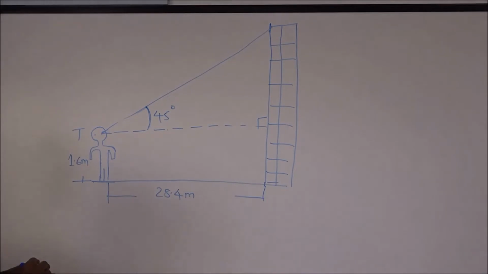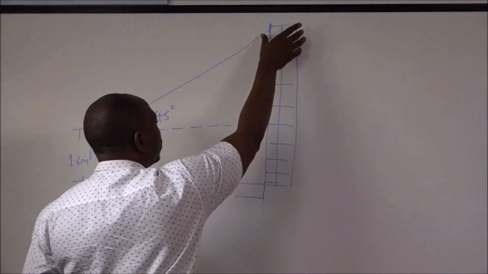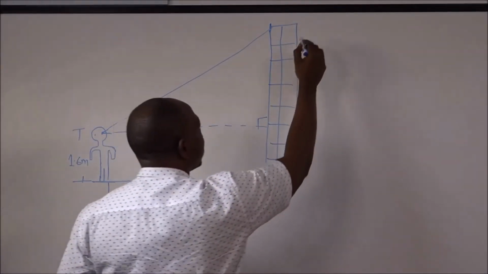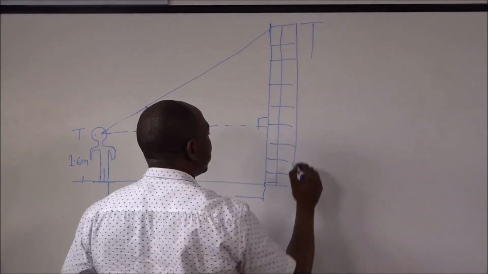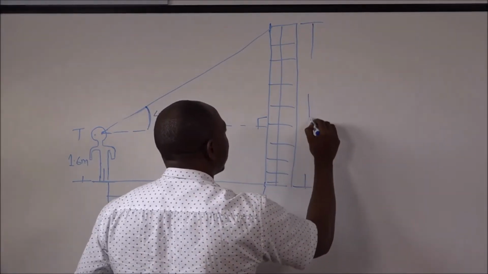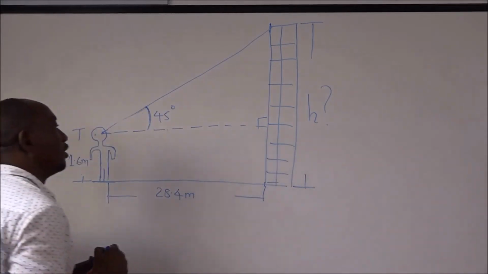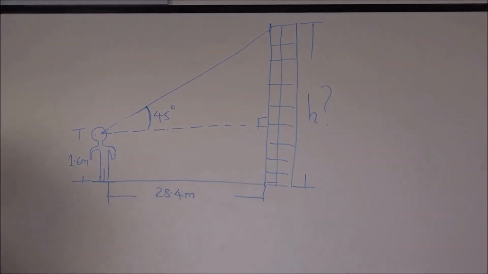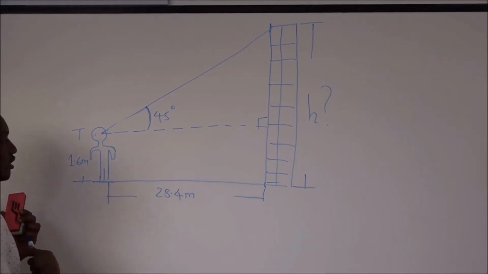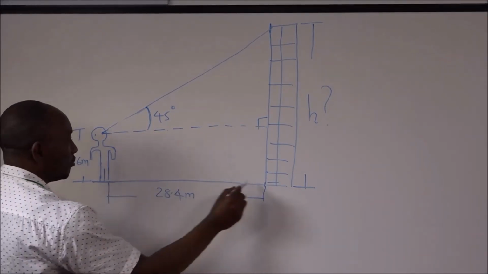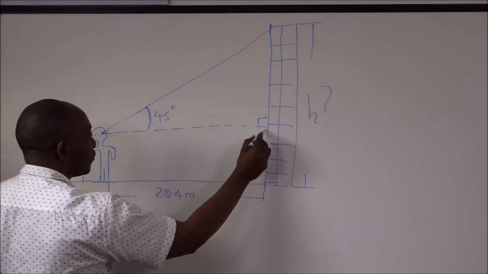So we have to estimate the height of this tower. We have to estimate how much this height is. So we are going to use the concept of trigonometric ratios, because we know this distance will be the same from here up to this is the same as this one.